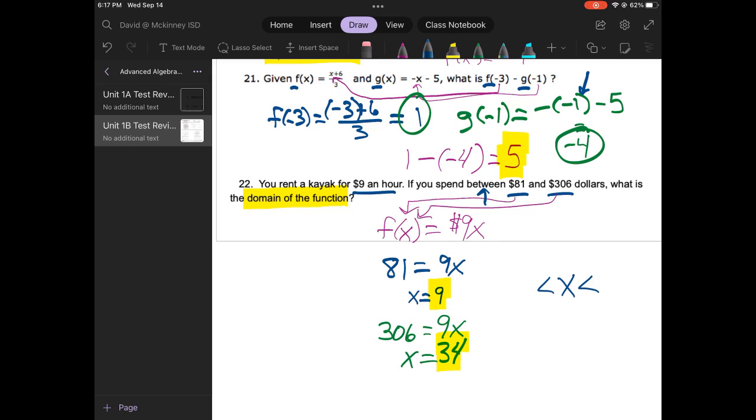If they did not want you to do that, I feel like they would specify. So I will go ahead and put those equal to signs underneath. And then on the left I need to list my lowest domain value, which in this case is 9. And then I need to list my highest domain amount, which in this case will be 34.